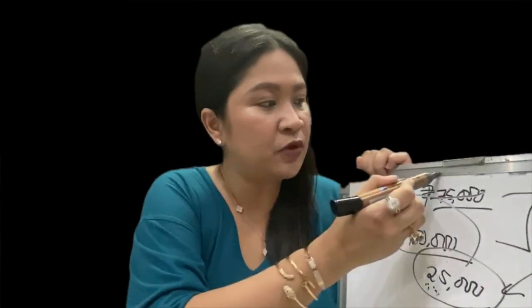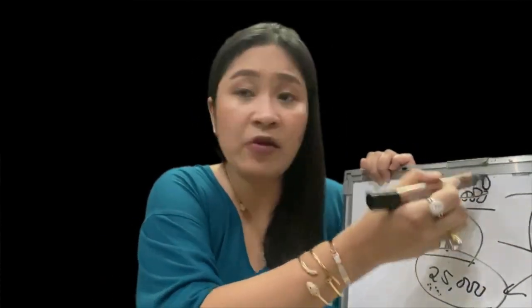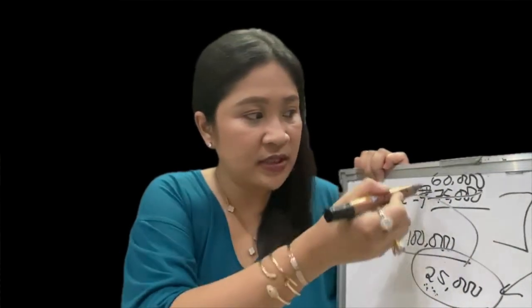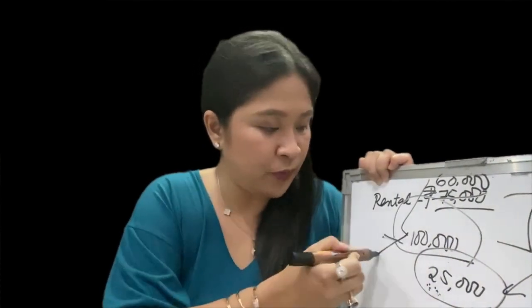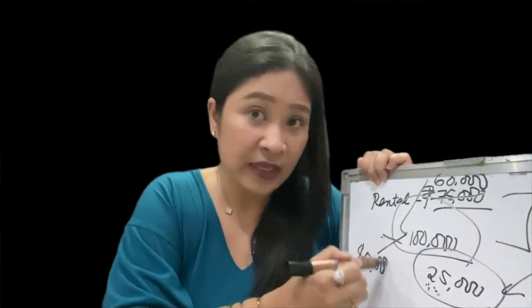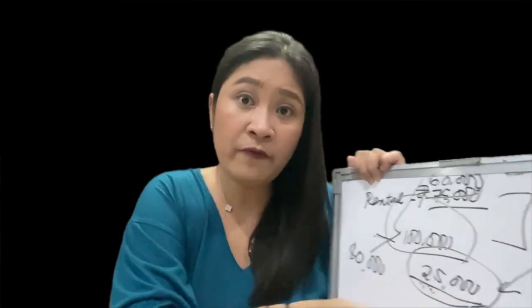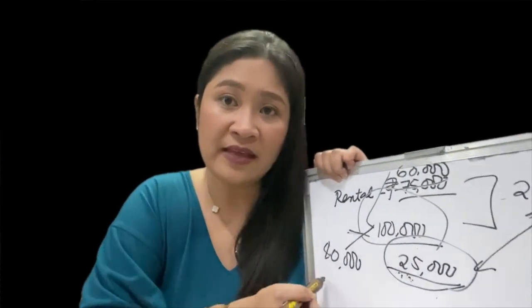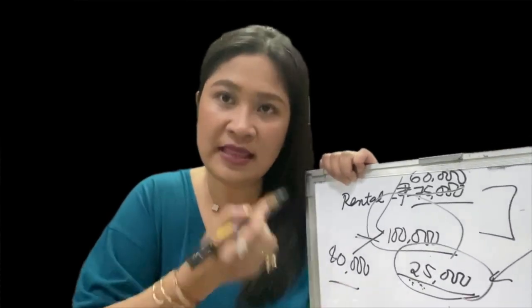So if, for example, instead of 75,000, it was rented out only for 60,000, how much is the economic disadvantage or prejudice? It's 40,000. Is it more than 1/4? More than 25? Yes. Can that be rescinded? This time, yes. So that is what is meant by more than 1/4, the value. So that's number 1 and number 2.